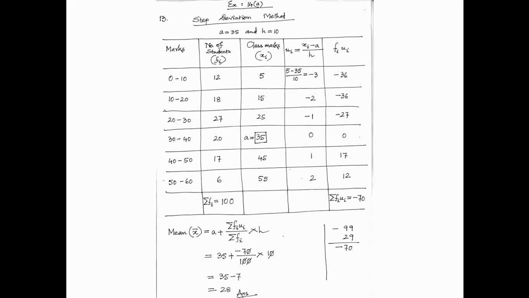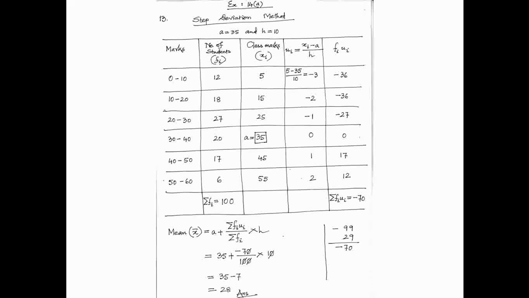Then number of students, that is frequency, whatever is given in the question, I have just copied. Then third column, class marks, that is xi, that means the mid value of each class interval. Now the next column, I will explain.